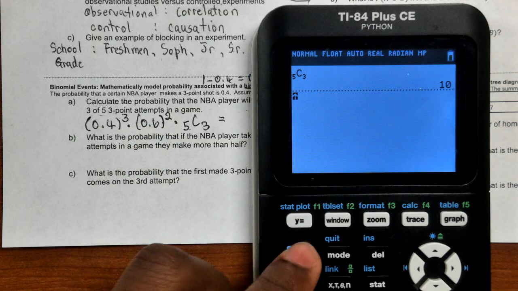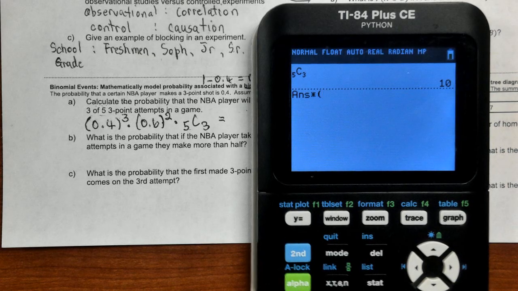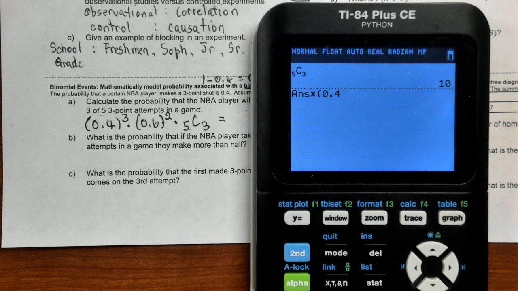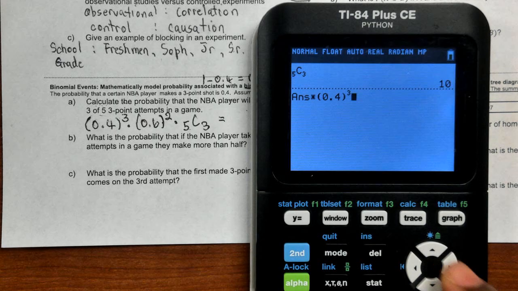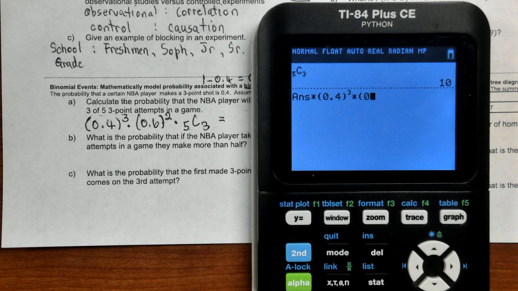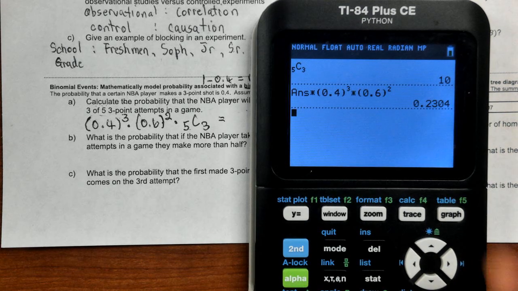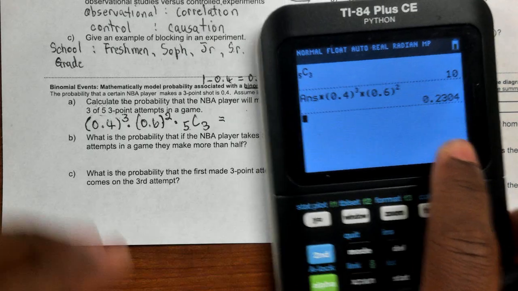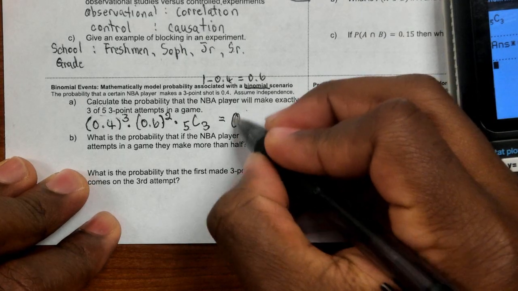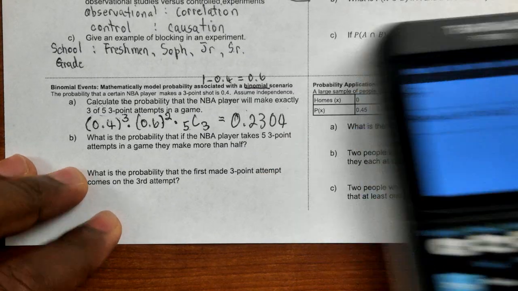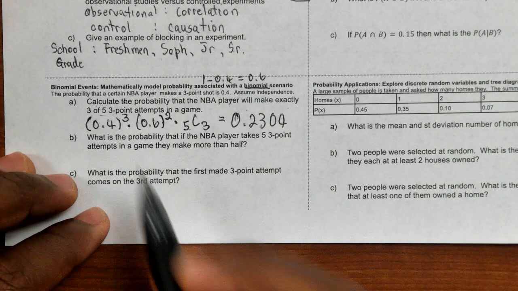So I would do my answer multiplied by 0.4 cubed, multiplied by 0.6 squared. When I did that, I got 0.2304. So that's the probability that they make 3 of 5.